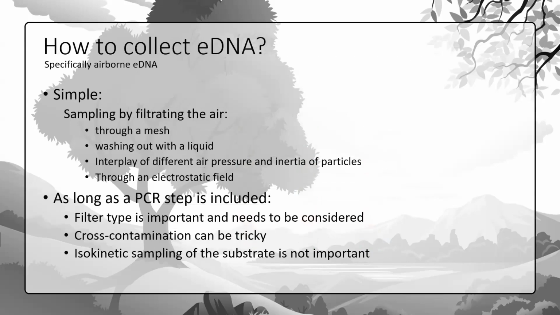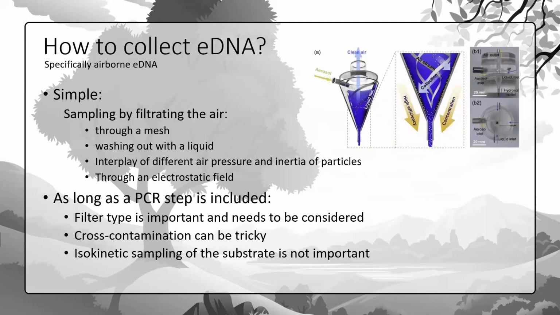How can we now collect this eDNA specifically for air samples? In most cases, it's super easy. Just through a mesh, for example. It doesn't need to be this metal mesh. The mesh size is a little bit big in this case, but tissue is already enough. Of course, we can wash out with liquids in a cyclone way.